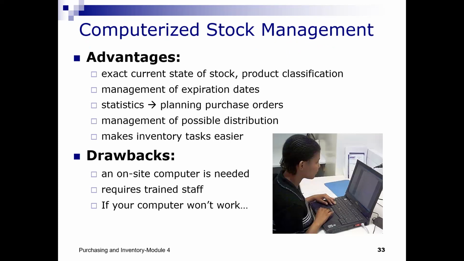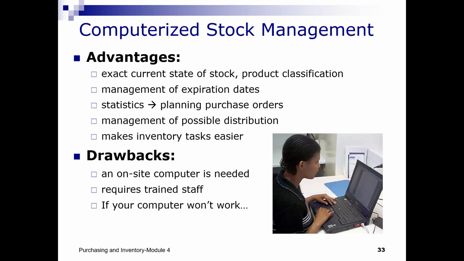Having access to computers is great for managing stock. Spreadsheets are wonderful things. They can really help you plan your orders, plan the distribution if you're a hub site distributing to other sites. Sometimes it's nice to have a visual reminder of when to order, that sort of thing. And of course, you do need a computer for that, and you do need someone who knows how to use the computer.